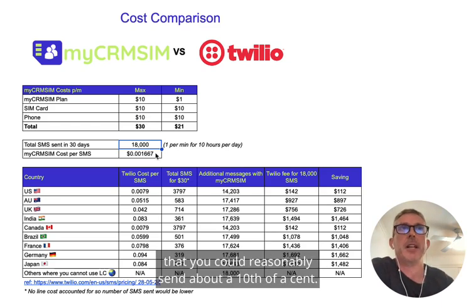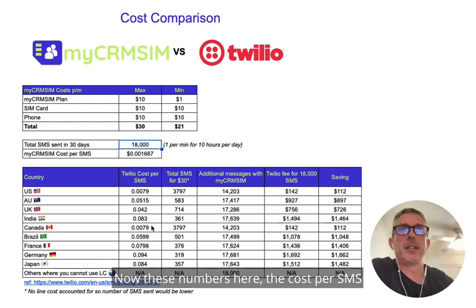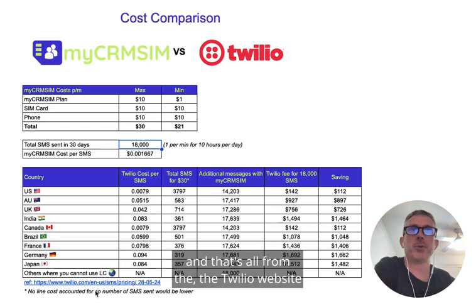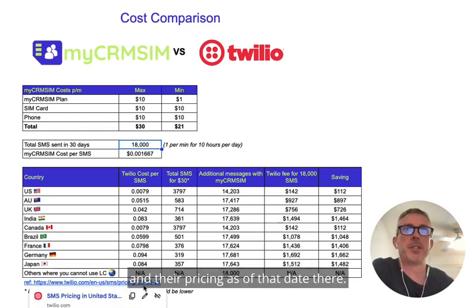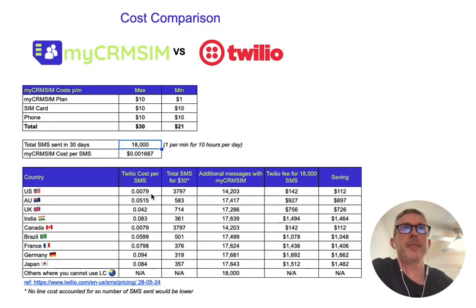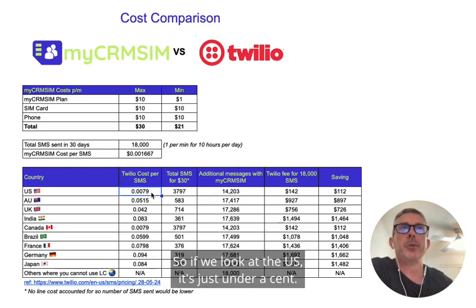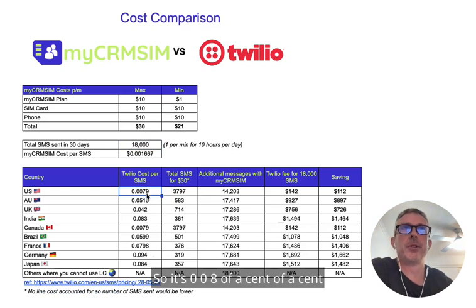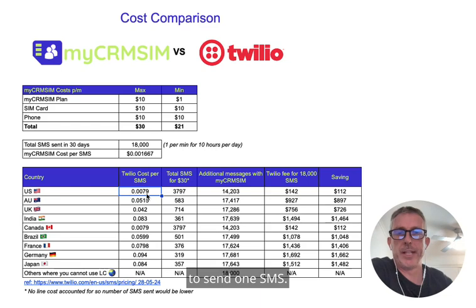Now, these numbers here, the cost per SMS, are all from the Twilio website and their pricing as of that date. So if we look at the US, it's just under a cent, so it's 0.008 of a cent to send one SMS.